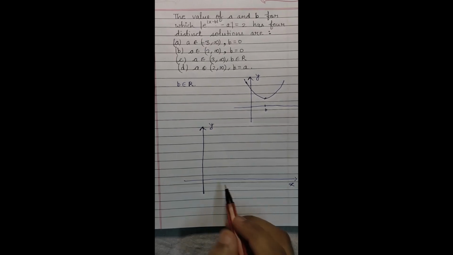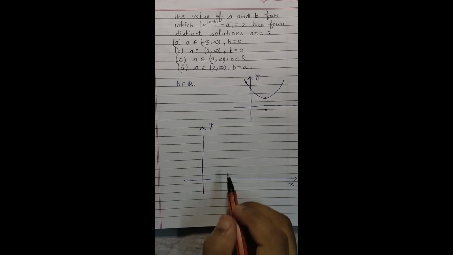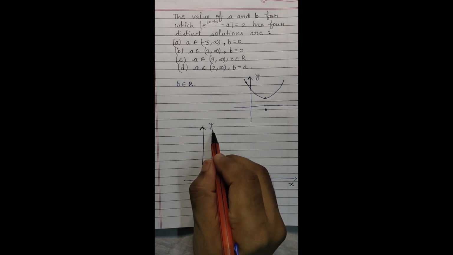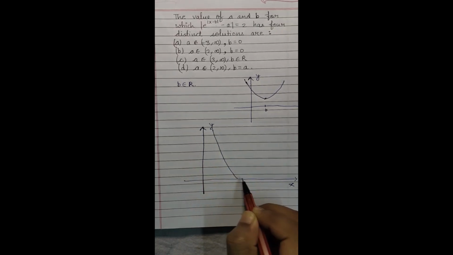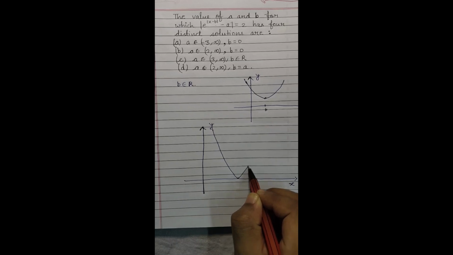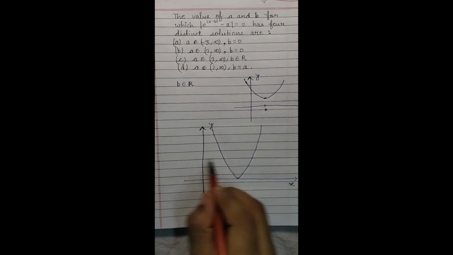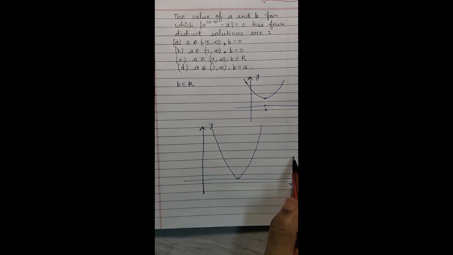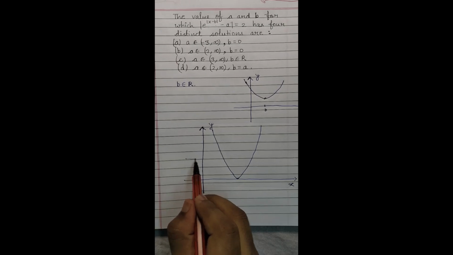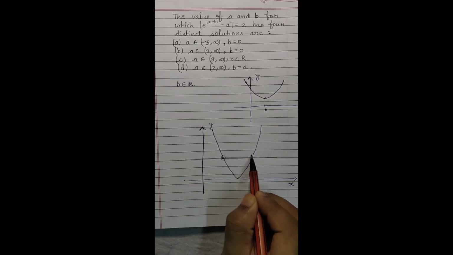So the graph will look something like this, and if I draw y is equal to 2 here, I can get only 2 distinct solutions, because y is equal to 2 will be passing like this, and I get only 2 distinct solutions here.